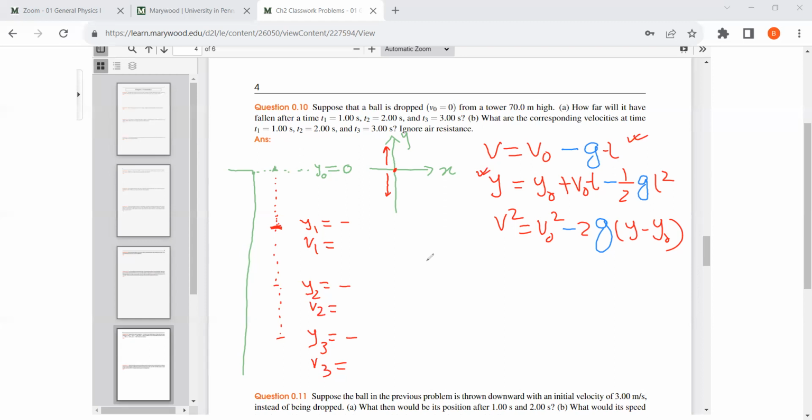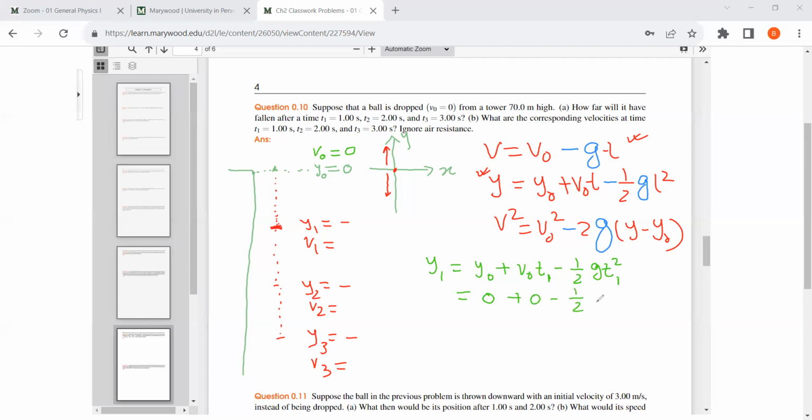Let's start with this one, y1 equal to y0 plus v0t minus half gt square. So for y1 it will be t1. Now you see that y0 equal to 0, the initial position is equal to 0, and when we drop something, then v0 is also equal to 0.